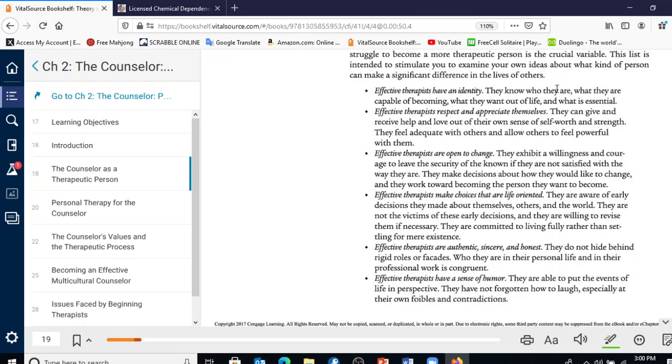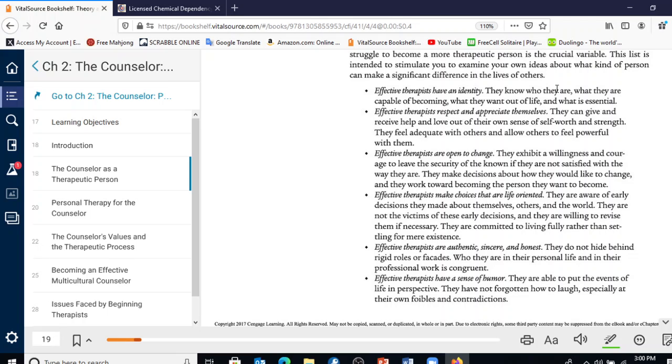What types of qualities do effective counselors have to have? And one of them is to have an identity. We know who we are, what we're capable of becoming, what we want out of life, and what's essential. What's real, and essentialism is really the study of what's necessary.